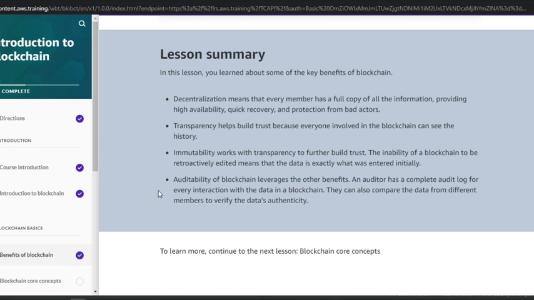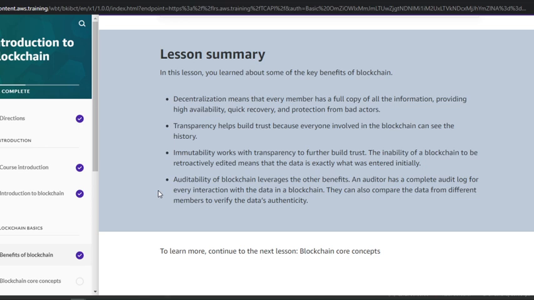Lesson summary. In this lesson, you learned about some of the key benefits of blockchain. Decentralization means that every member has a full copy of all the information, providing high availability, quick recovery, and protection from bad actors.